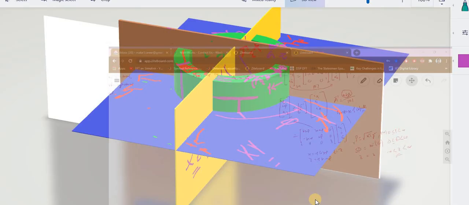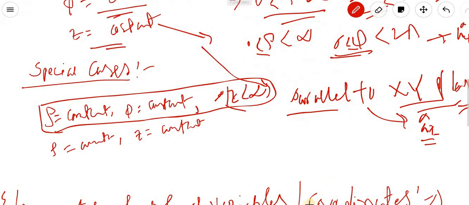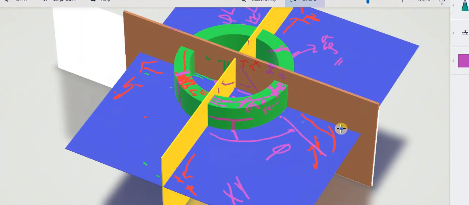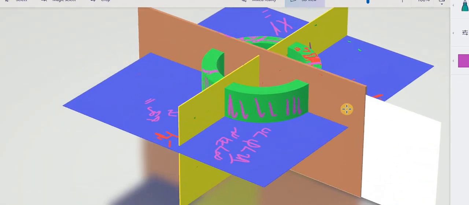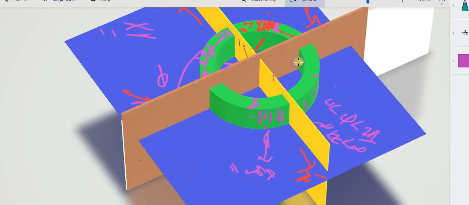If rho is constant, suppose we take some point here. Rho is constant throughout, and phi is also constant.